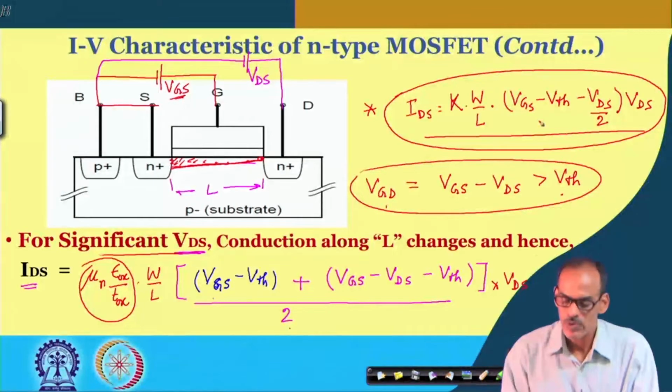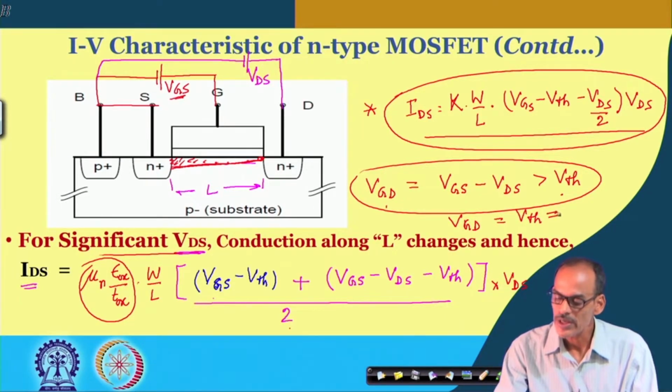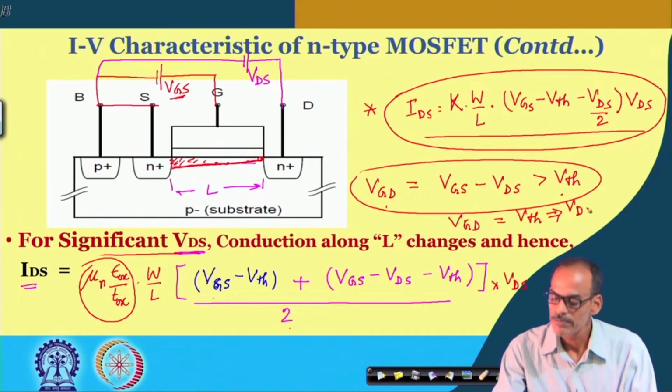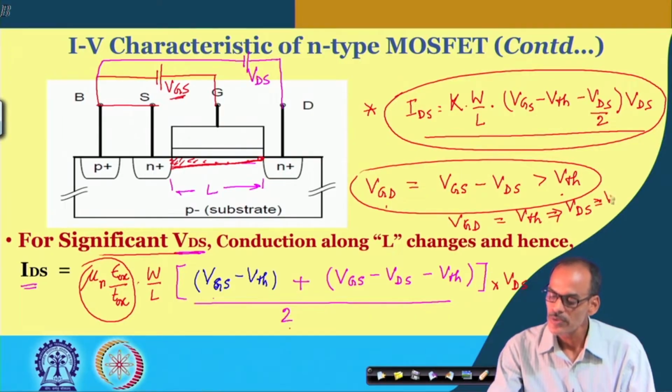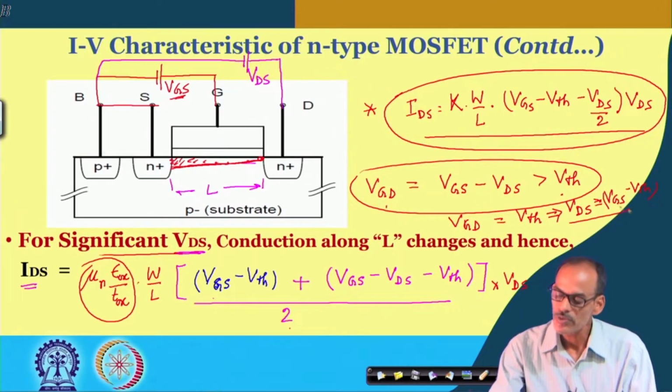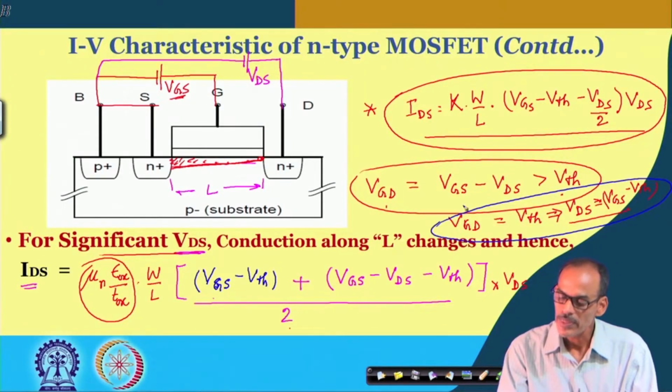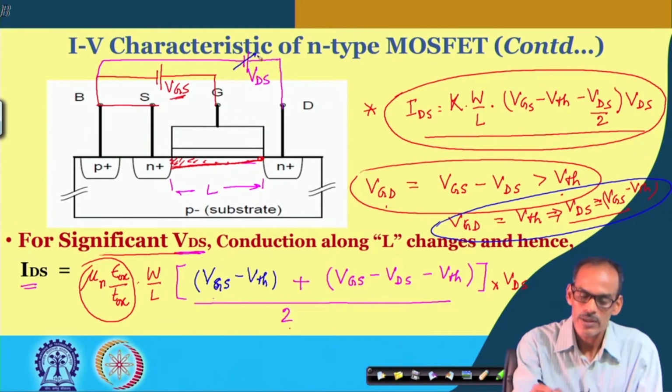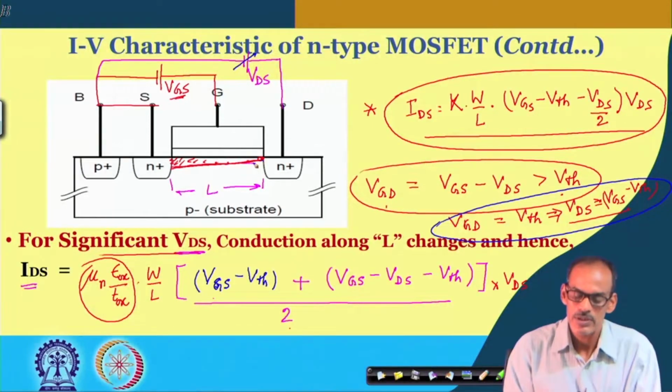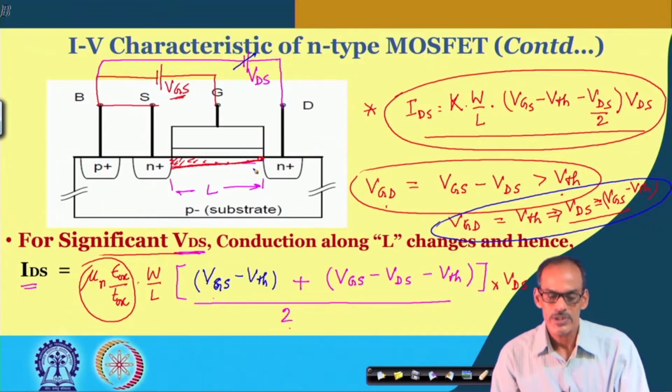So, let me use this equation and put the condition that VGD equals VTH, or you may say that VDS is equal to VGS minus VTH. So, then what happens? This is what we will see in the next slide, that if we are increasing this VDS such that at the drain end the conductivity is approaching 0.